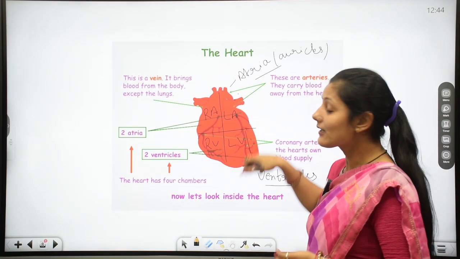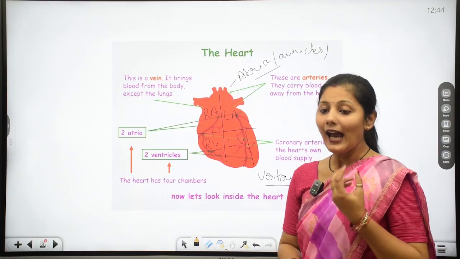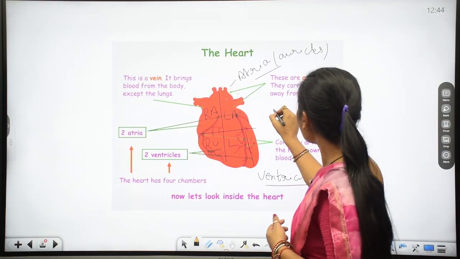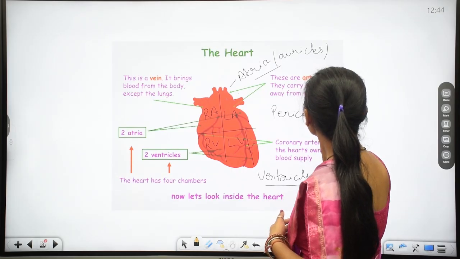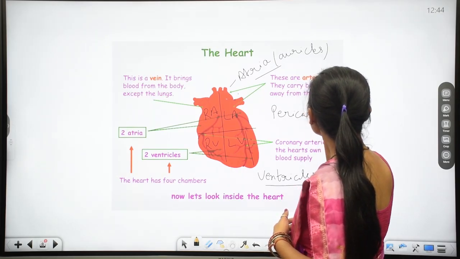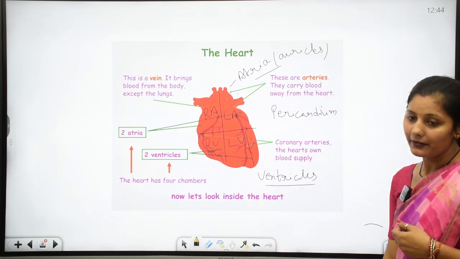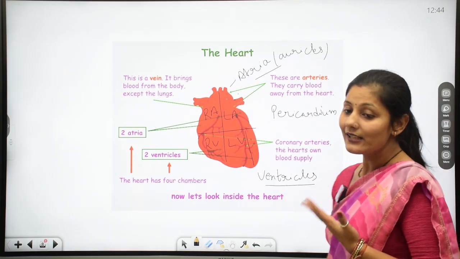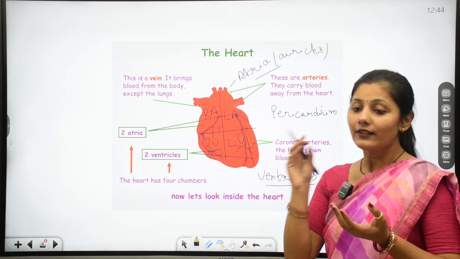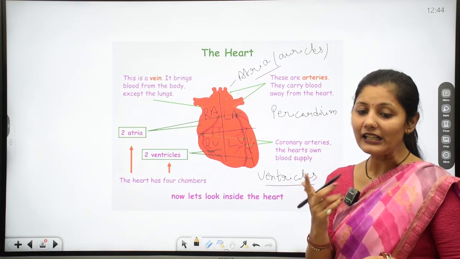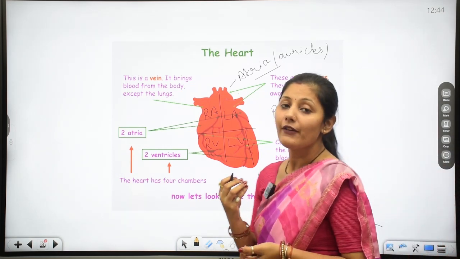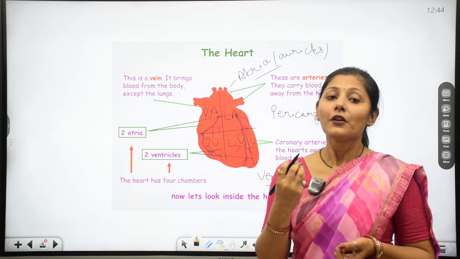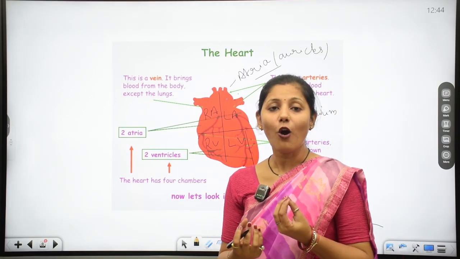Your heart has a double membranous structure, and these membranes are known as the pericardium. The space between the two membranes is filled with a gel-like fluid which is responsible for absorbing shock or jerk.